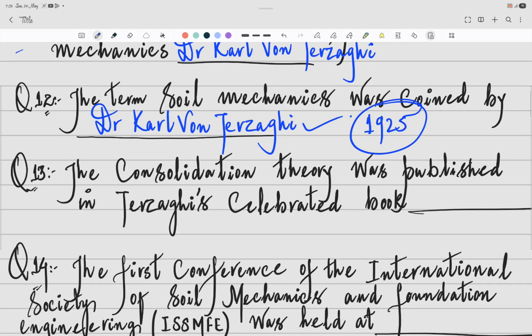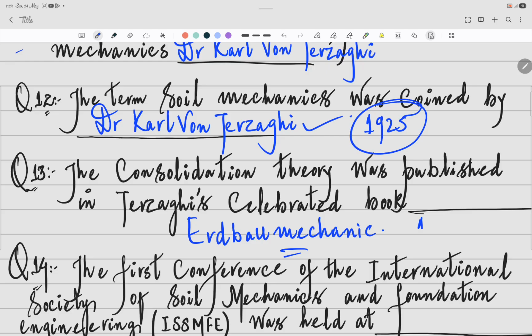The consolidation theory was published in Terzaghi's celebrated book. This book is known as Erdbaumechanik, and this was entirely on the subject of soil mechanics.